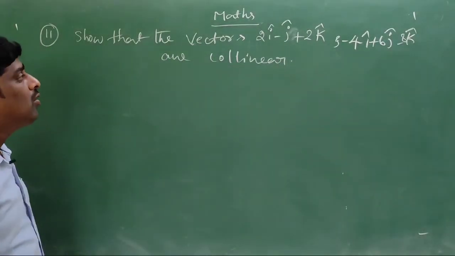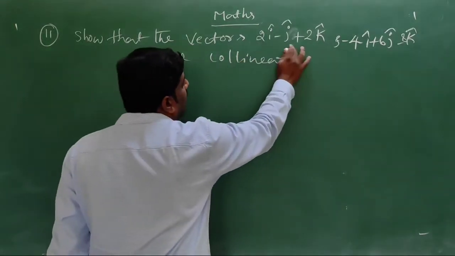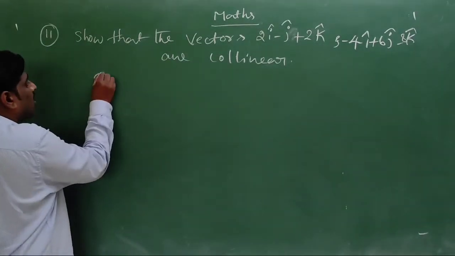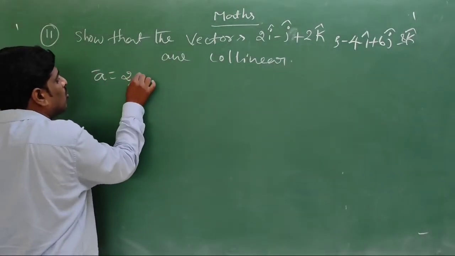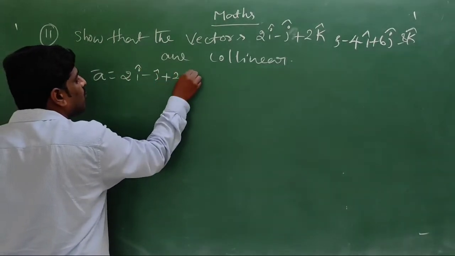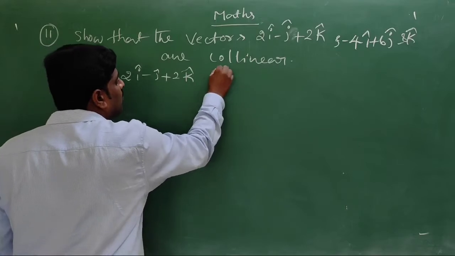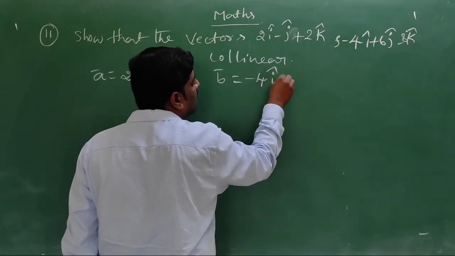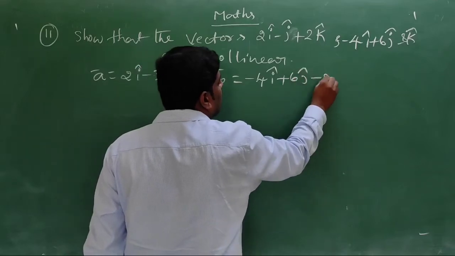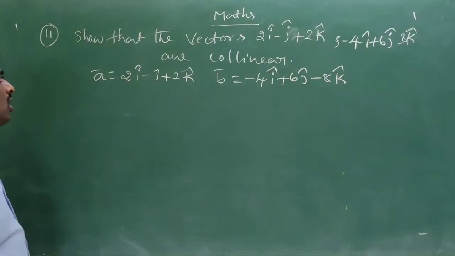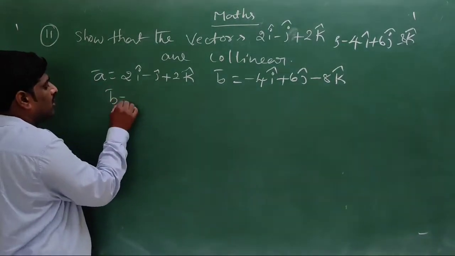Now this one I will take as A bar, this one I will take as B bar. A bar is equal to 2i cap minus j cap plus 2k cap. B bar is equal to minus 4i cap plus 6j cap minus 8k cap. So what is the formula?